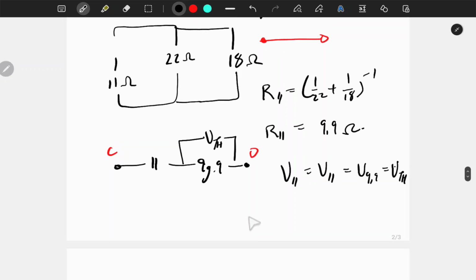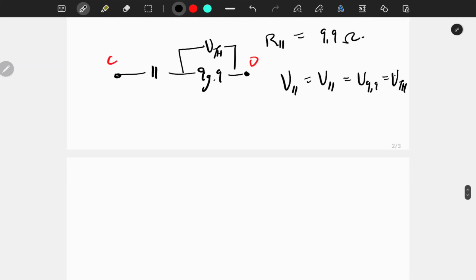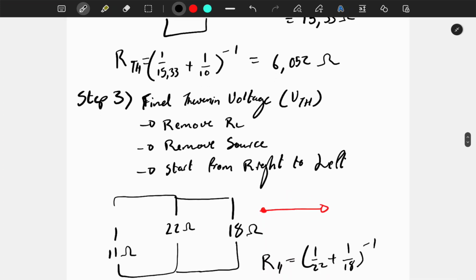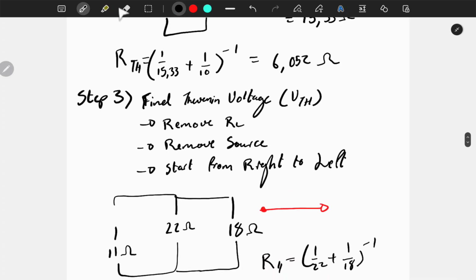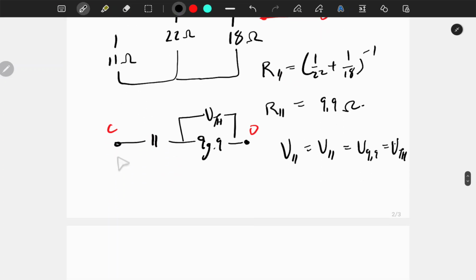So now our total resistor, we're going to use the voltage divider rule, right? So you could remove this one that says remove the source, right? Because we're going to now need the source of 210, right?